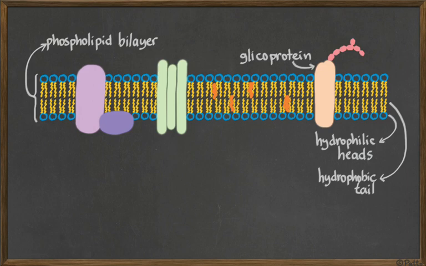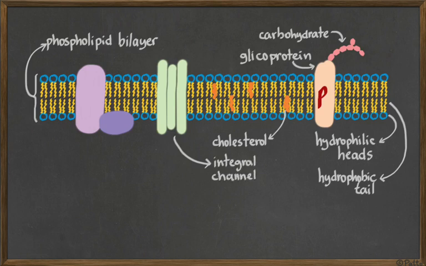I have a glycoprotein, which has the glyco part, the sugar part, with the protein part over here, an integral protein. I have cholesterol, which changes the fluidity of the membrane, embedded in animal cells. We have an integral channel. It's a channel because it has a hollow inside, so things can pass, but it's an integral protein.